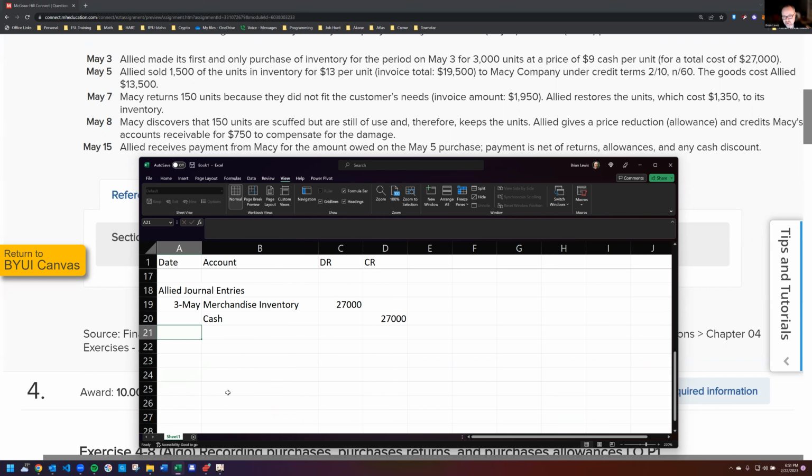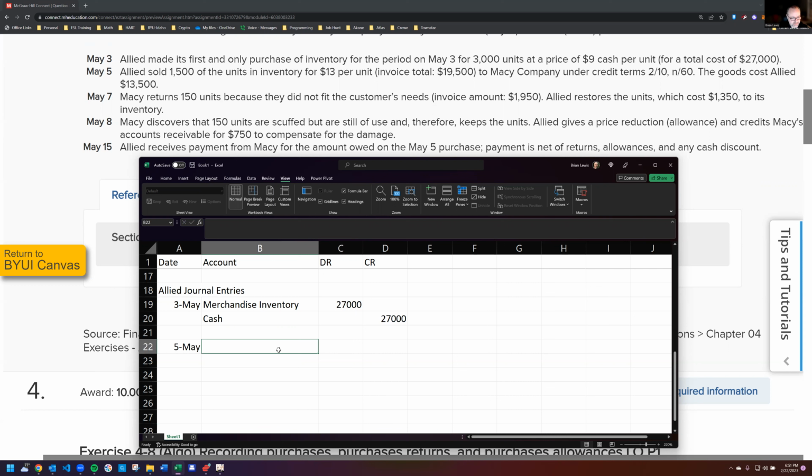So now the next one is on 5.5, right? Allied sold 1,500 of the units in inventory for 13 per unit to Macy's. Okay. Cost of goods. Are we going to worry about that? We probably are. We have to do two transactions on this one, a sales transaction, or a revenue transaction, and a cost transaction.